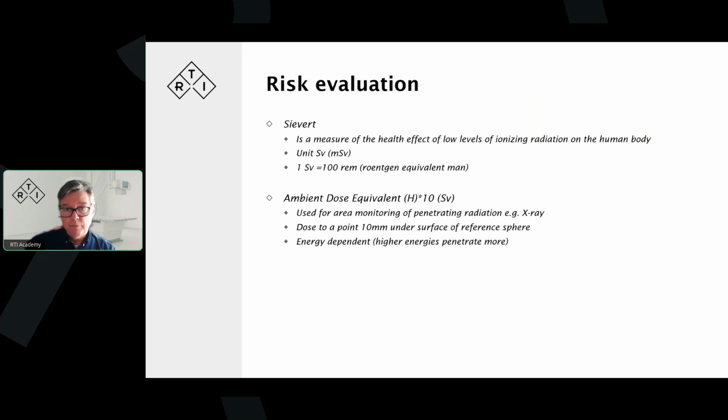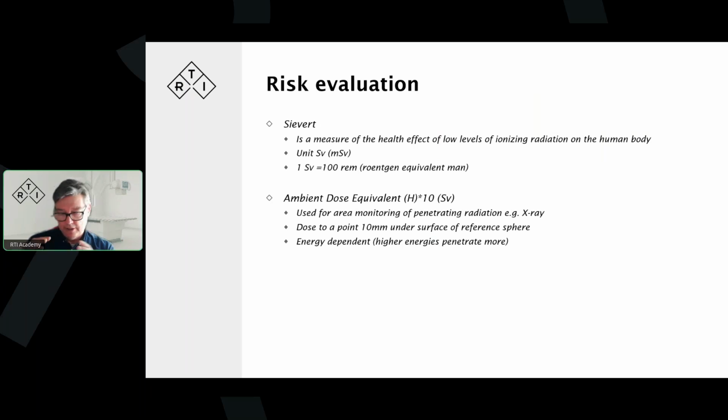And when we're looking at ambient dose equivalent, which is a typical value that was used for X-ray in this application, it is called H star 10. It's the estimation of what a dose would be to a point 10 millimeter under the surface of the reference sphere. So that would be then 10 millimeters into the skin, basically. That's how to estimate the dose.